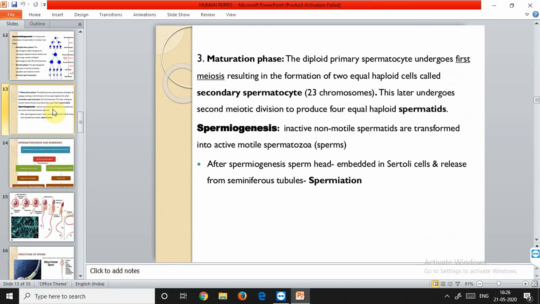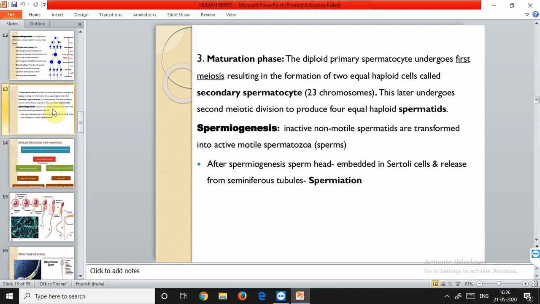The second division is the equational division, resulting in the formation of four daughter cells called the spermatids. Now what happens in this? When the primary spermatocyte enters the maturation phase, it performs meiosis. The two divisions are there. First is the reduction division, in which the chromosome number changes from 2n to n.